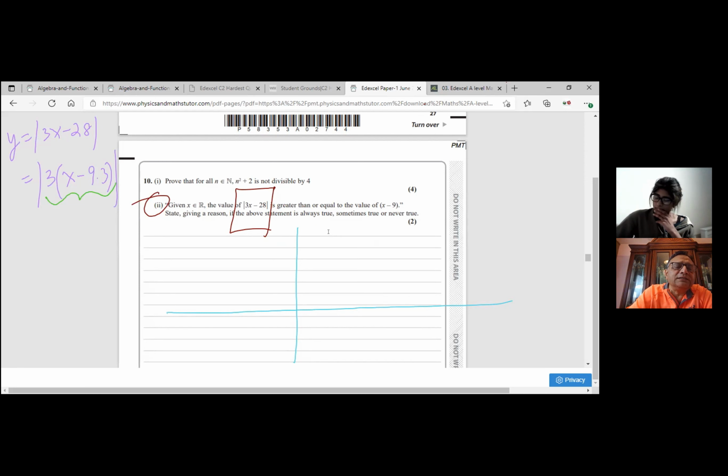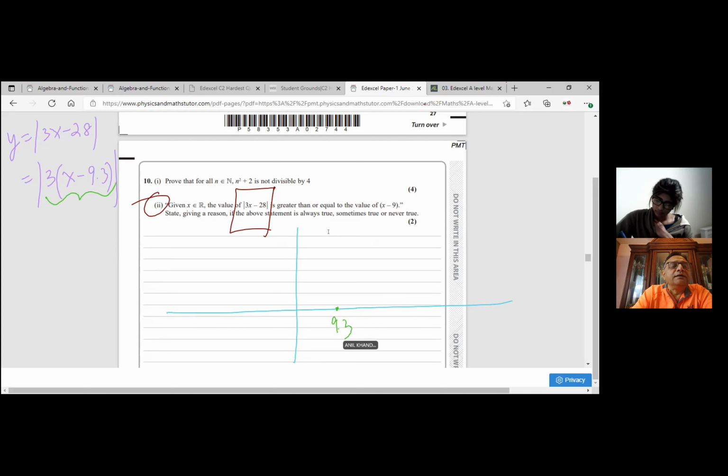So we can sketch this straight line. At x equals 9.3, we get 0, right? So there's an x-intercept here at 9.3.